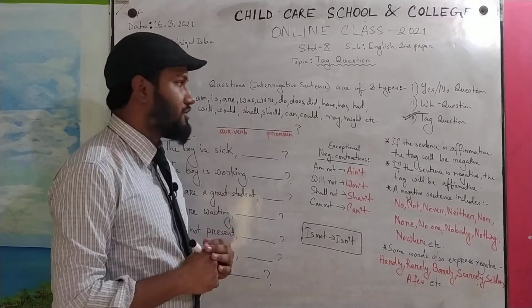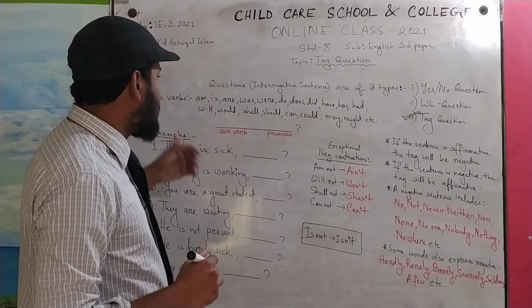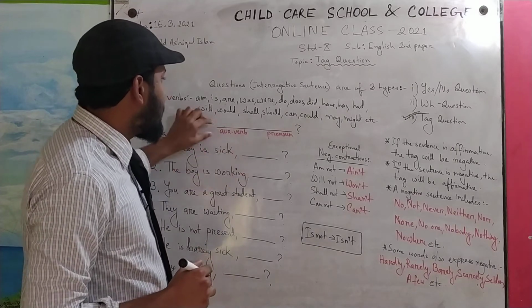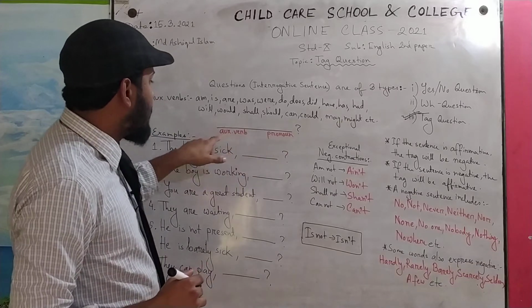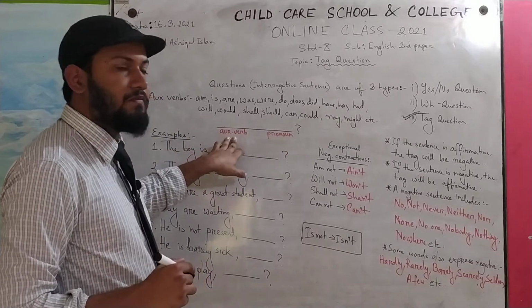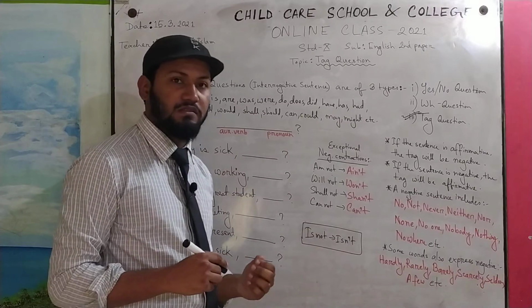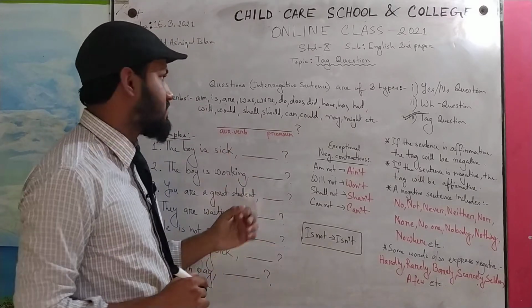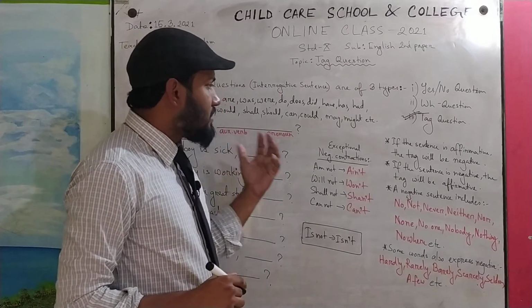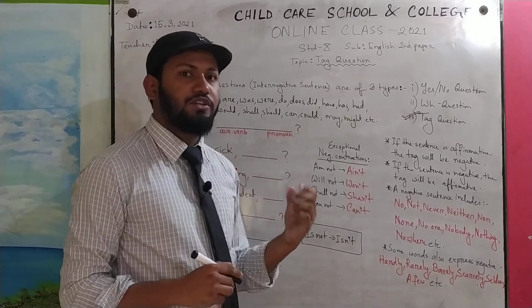When you're forming a tag question, there will be a dash or a space for you to write down the tag, and we will put the auxiliary verb that we will find out from the sentence, and then we will put a pronoun relative to the subject of the sentence. And there are some really important things that we should keep in mind.